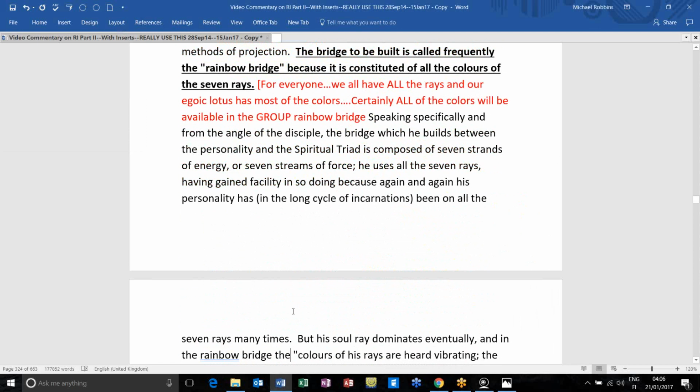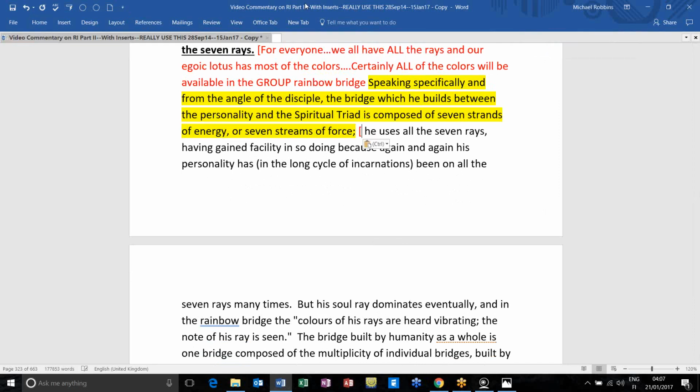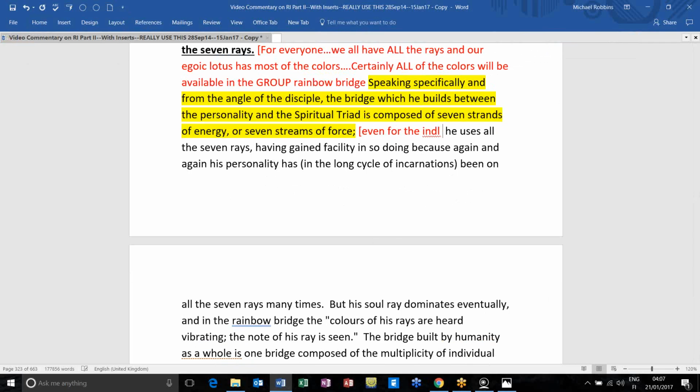Speaking specifically and from the angle of the disciple, the bridge which he builds between the personality and the spiritual triad is composed of 7 strands of energy, or 7 streams of force. This is so important. It's one of those things that I had kind of overlooked, but then, we've been on all the rays, and all of them are kind of sub-rays to our major rays. So the bridge he builds is composed of 7 strands. It is a rainbow, let's put it like this, even for the individual.